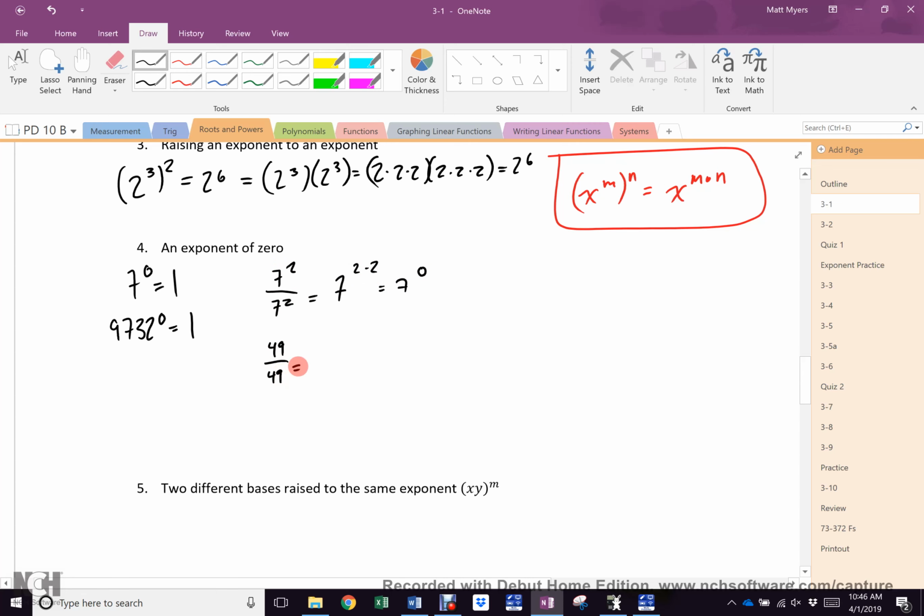Same thing on top and bottom of a fraction is 1, yes? Everybody agree? So, if 7 squared over 7 squared equals 49 over 49, and it equals 1, then what does that tell us about this? That 7 to the 0 must also equal 1, yes?